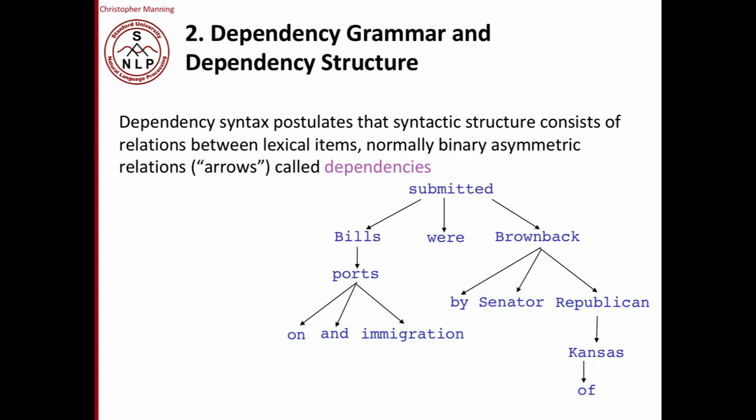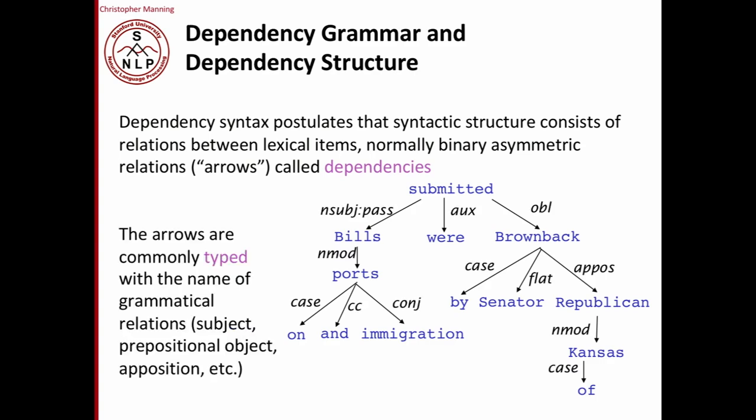One way is you put the words in a line, which makes it easy to see the whole sentence, and you draw those loopy arrows above them. The other way is you represent it as a tree, where you put the head of the whole sentence at the top, submitted, and then you say the dependents of submitted are Bills, were, and Brownback, and then you say the dependents of each of those. So it was Bills on ports and immigration, so they're dependents of Bills, and were as a dependent of submitted, and you're giving this kind of tree structure.